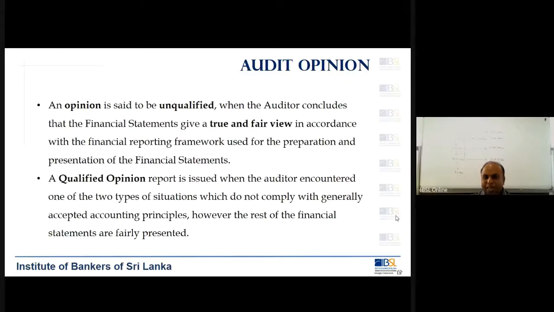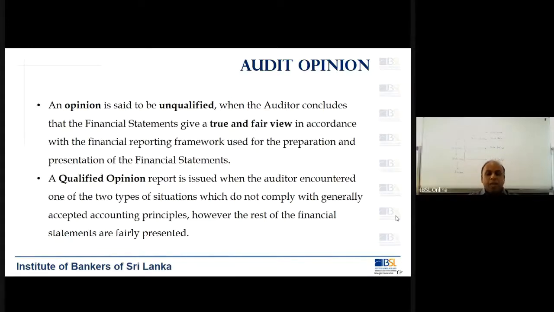Which means anybody looking at your financial statements can depend on or rely on those financial statements. So when you have prepared such financial statements, the auditors will give you an opinion which is called an unqualified opinion.